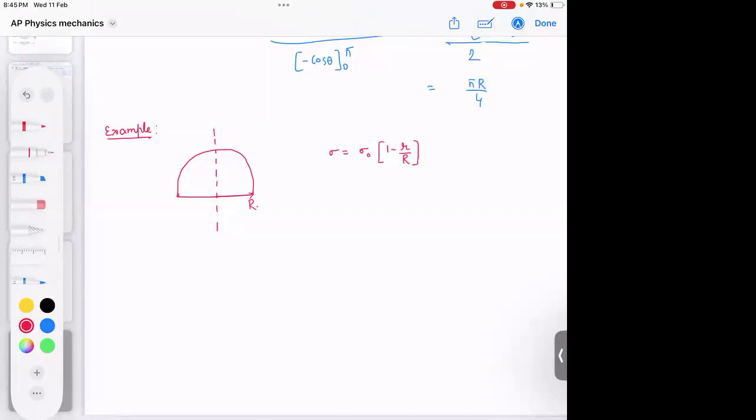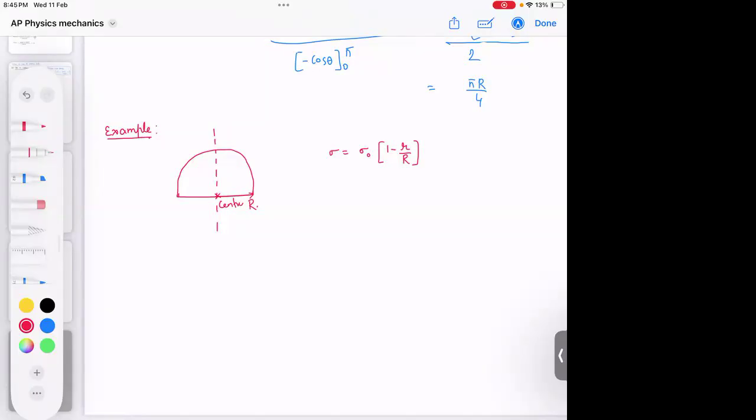And what is small r? Small r is the distance from the center to any point. Okay. So as the distance from the center to different points on the disk changes, its mass density also changes.